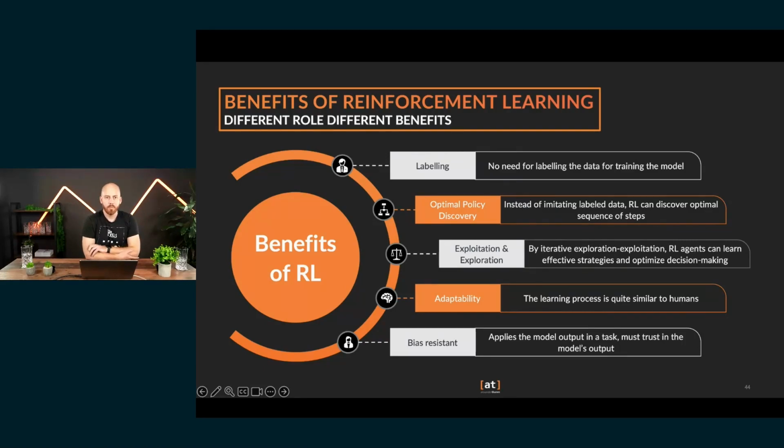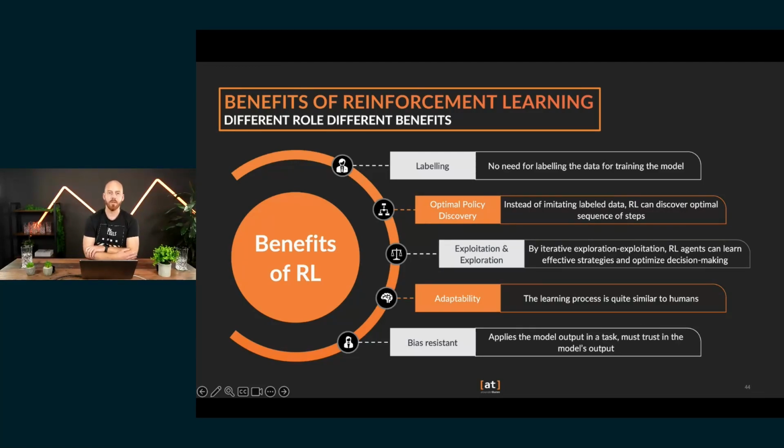And then, just to remember the different benefits of reinforcement learning. I think one of the most popular benefits is that we don't need labeled data. If you're in the field of machine learning, you know that labeled data is usually time-consuming or cost-extensive or both. And as reinforcement learning agents learn by trial and error to find the optimal policy, which is the second benefit, we don't need those labeled data.